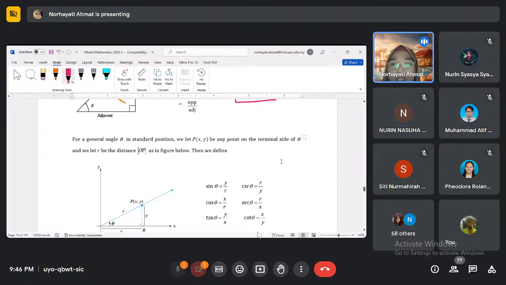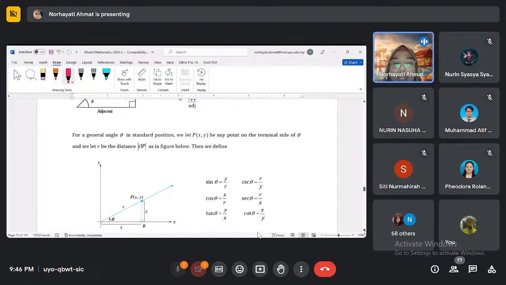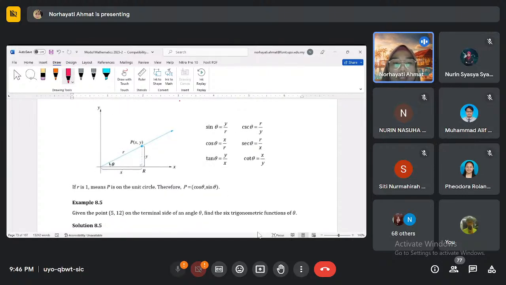We have the x-axis and y-axis, and we have this ray, and a point on this ray labeled as point P. The distance from point P to the x-axis is y, and the distance from point P to the y-axis is x.